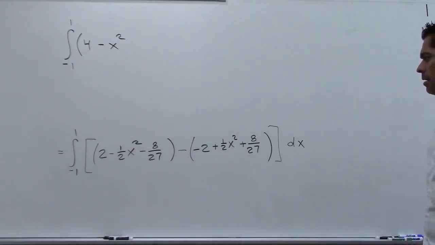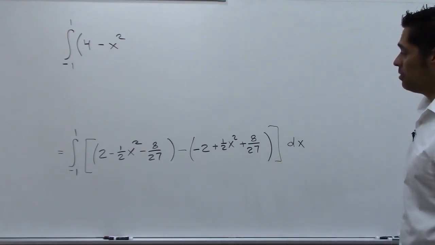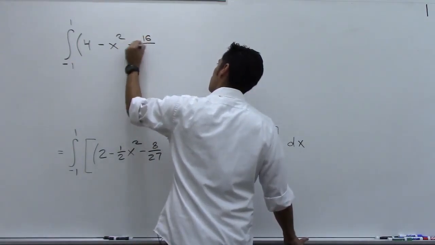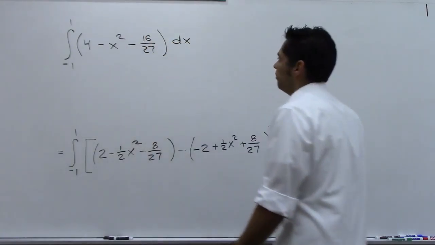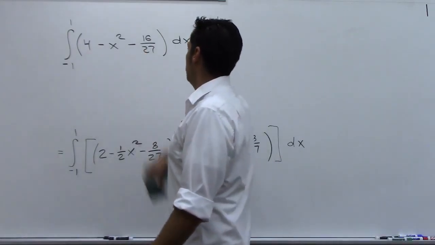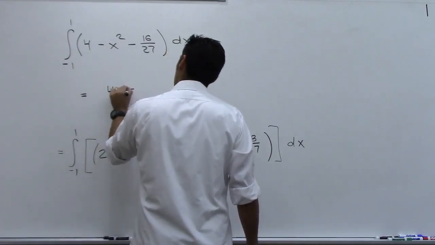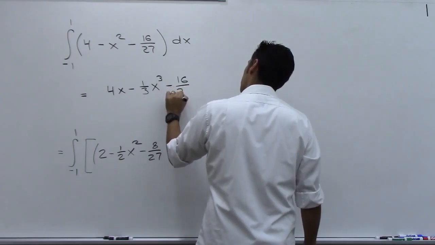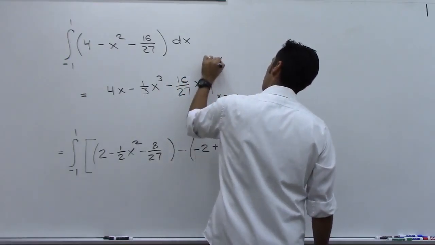And then negative 8/27 minus another 8/27 is going to be a minus 16/27 dx. And I could put these together, but I don't feel like getting a common denominator. So I'm just going to do an antiderivative right now. This is 4x minus 1/3 x cubed minus 16/27 x. I'm evaluating that x negative 1 to 1.